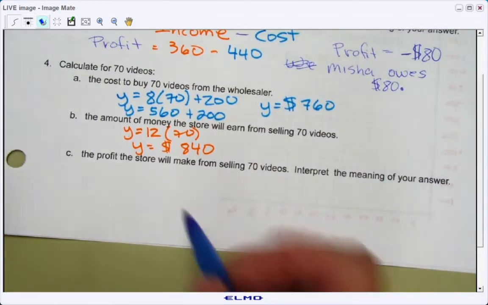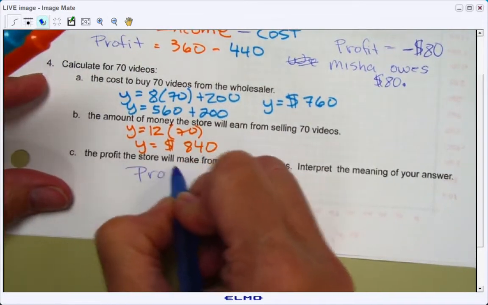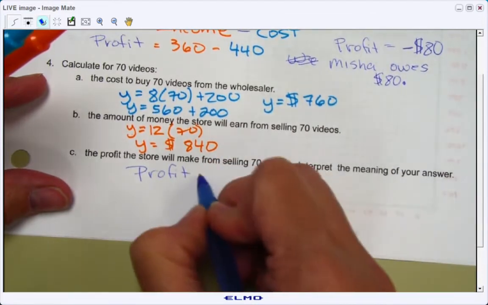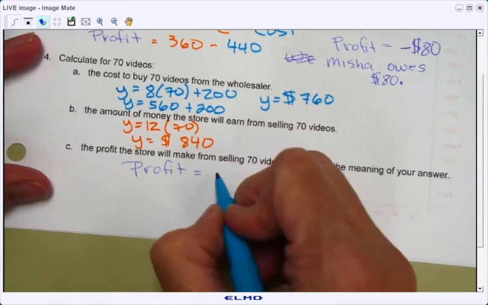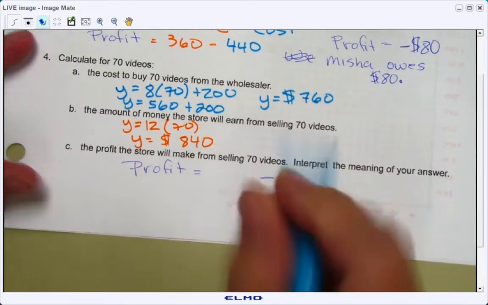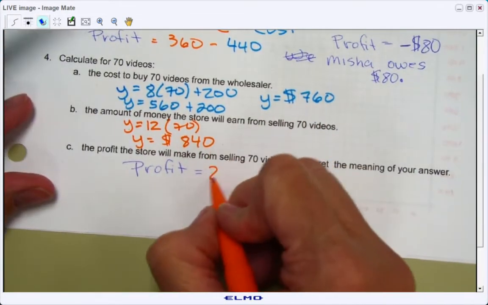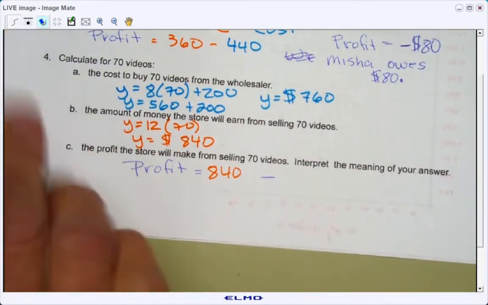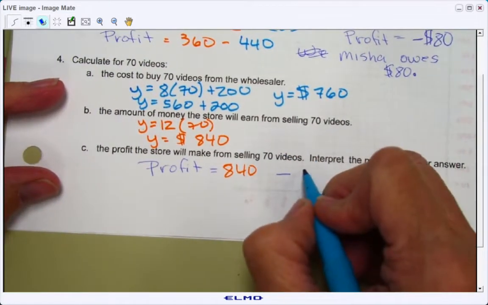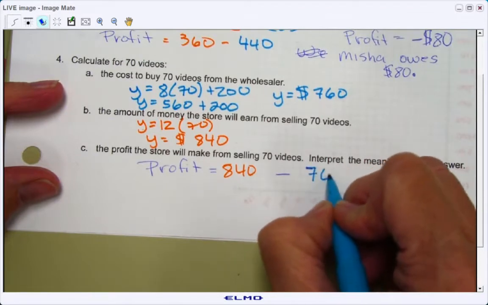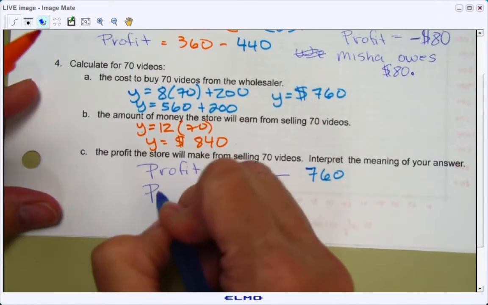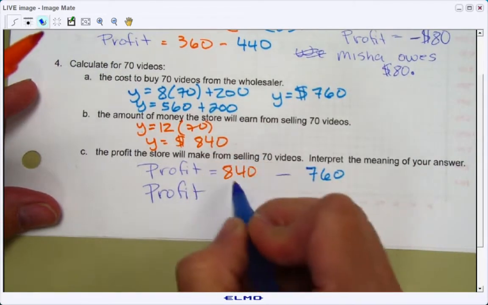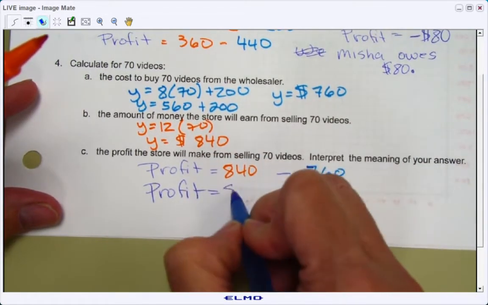So to find our profit on this one, okay, I'm going to take the 840, because that's our income, and I'm going to take away our cost, which is 760. If you notice on this one, the bigger number, 840, is positive.